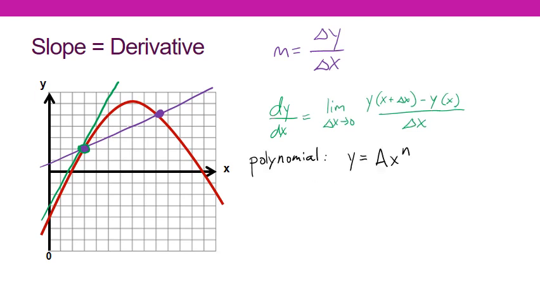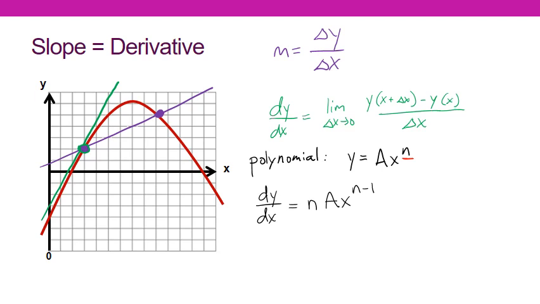To take the derivative of a polynomial function, what we're going to do is look at our exponent. And we're going to take that exponent, and we want to find the derivative of y with respect to our variable. We're going to take that exponent and multiply it down the front. Then we're going to take our function, write it out, and write our exponent, but we want to subtract 1 from that exponent.